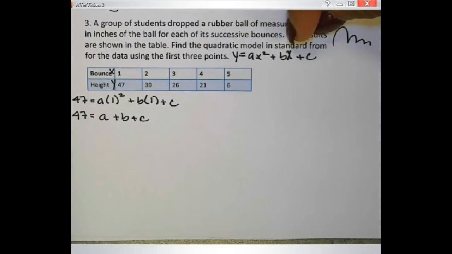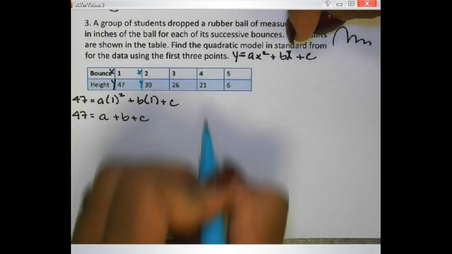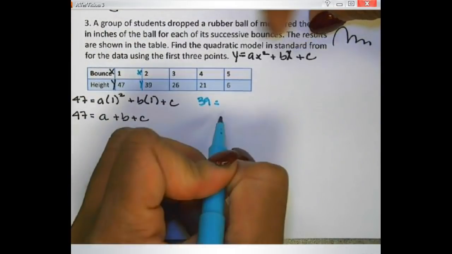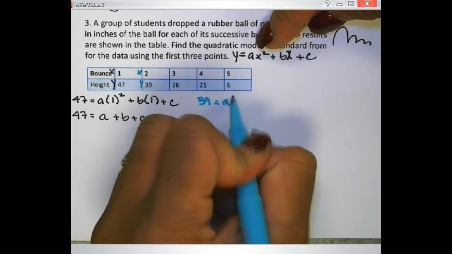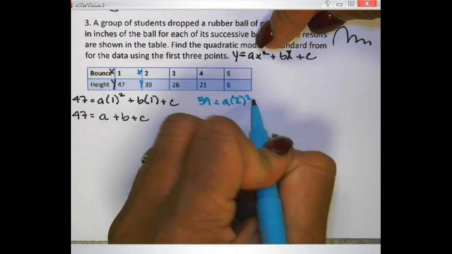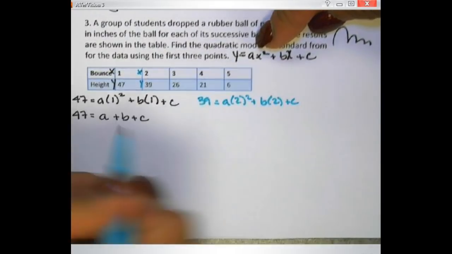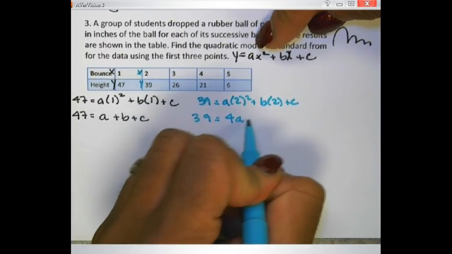Okay, that's one equation. Now for the next point, this is still x and y. 39 equals a times 2 squared plus b times 2 plus c. So 39 equals 4a plus 2b plus c.